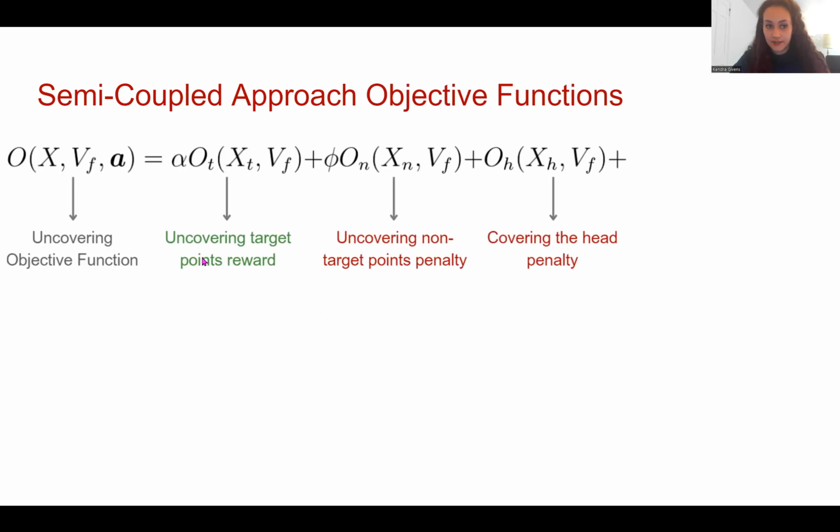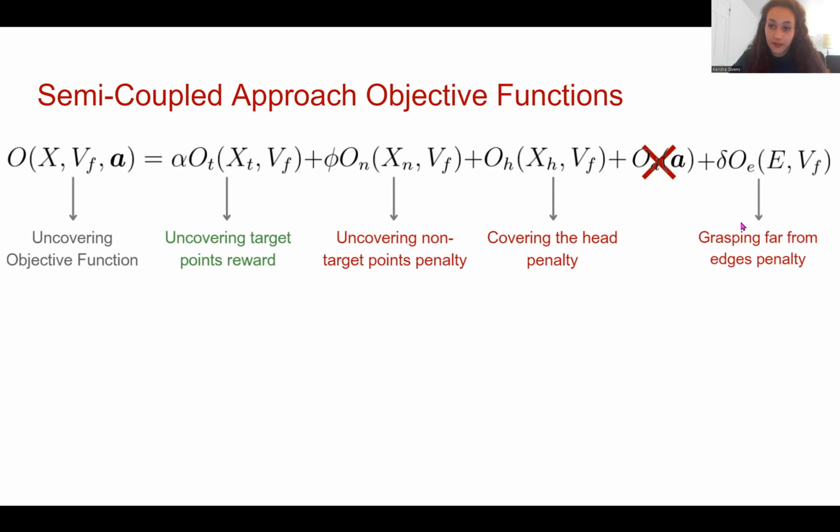The way that it works is we use the same three terms from the decoupled baseline approach, and we get rid of the term for excessively long actions, because we found that longer actions tended to create more reversible states. So we axed that term, and we also add a term for a grasping-far-from-edges penalty.